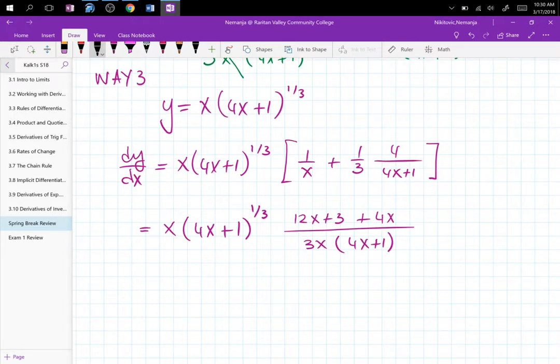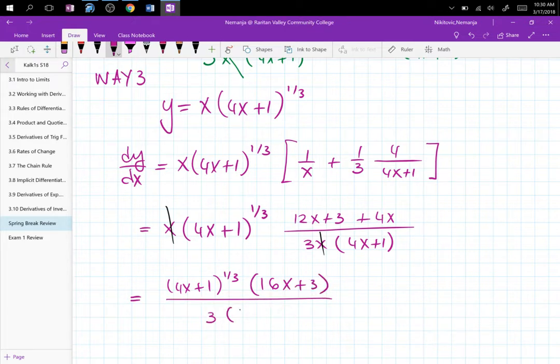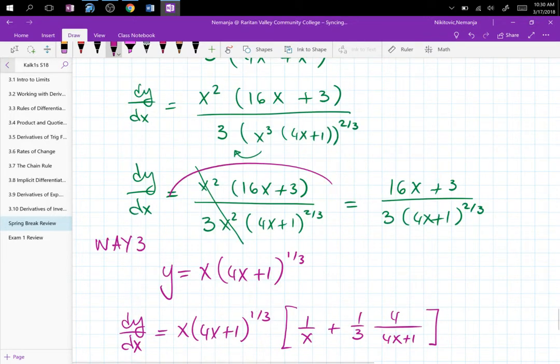And now you can see that this x dies over here. And that gives us 16x over 3. So we have 4x plus 1 to the 1/3 times 16x plus 3 divided by 3, 4x plus 1, which is already this step here, right?